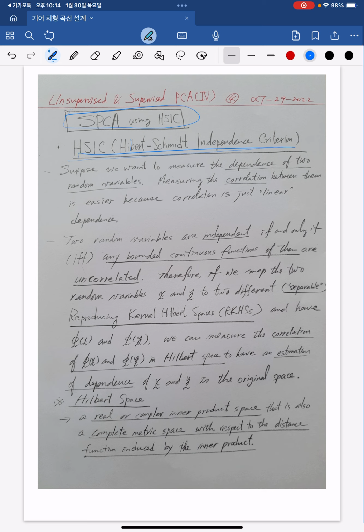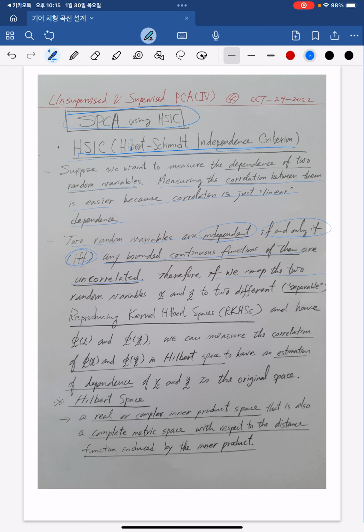Hilbert-Schmidt independence criterion. Suppose we want to measure the dependence of two random variables. Measuring the correlation between them is easier because correlation is just a linear dependence. Two random variables are independent if and only if any bounded continuous functions of them are uncorrelated.